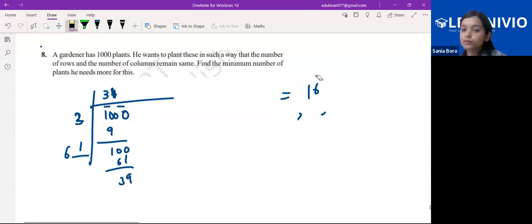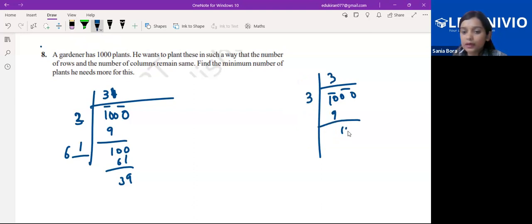For example, 1000, 3, 3, 9, then 100, then 6. Now you can take any greater number. So I took 2 here, so I got 124. So the remainder was 24. Now this is less than this. Yes or no? Yes. So this will be the answer.